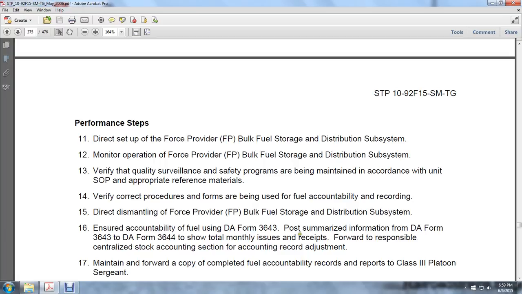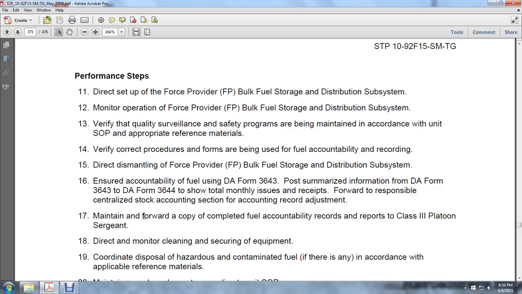Dismantle the force provider bulk fuel storage distribution subsystem. Ensure accountability of the fuel using DA Form 3643, post summarized information from DA Form 3643 to DA Form 3644 to show total monthly issues and receipts, forwarded to the responsible centralized stock accounting section for the accounting records and adjustment. Maintain and forward a copy of the completed fuel accountability records and reports to the Class 3 platoon sergeant.